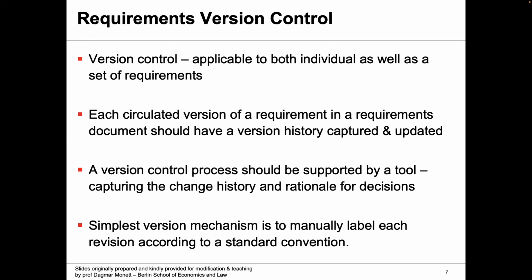The requirement management tools also allow for making a comment against each version. As you're updating your requirements, you can also make a comment against it. So, for example, you can write the rationale behind why a certain requirement was added or why it was modified or deleted, okay?